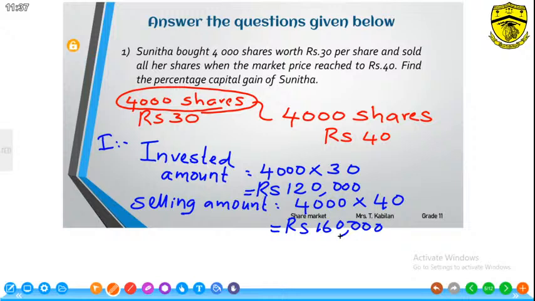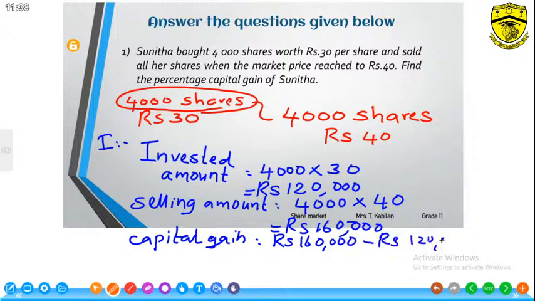Find the difference between the two amounts to obtain the capital gain. Subtract 120,000 from 160,000, so you obtain rupees 40,000 as the capital gain.